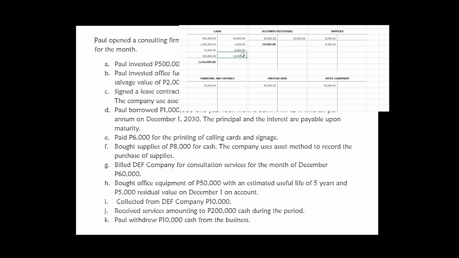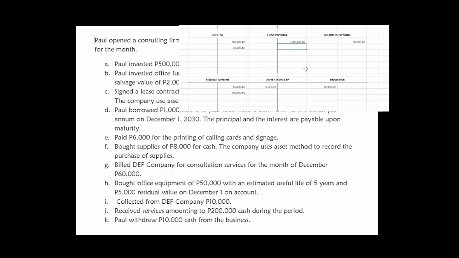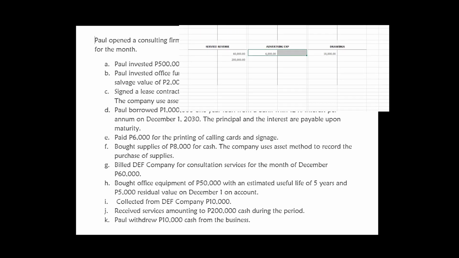Yung ating furniture and fixtures, 20,000. Yung ating prepaid rent. So, ito lahat, i-add natin kasi nga naka-debit naman lahat. And then, we have the office equipment of 50,000. Eto, advertising expense na 6,000, and then, drawings na 10,000. Basta lahat na naka-debit, i-add lang natin yan lahat.